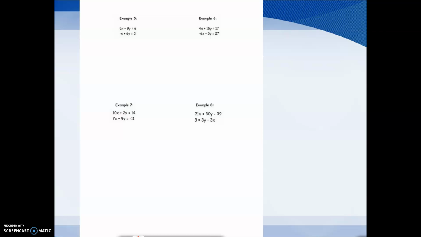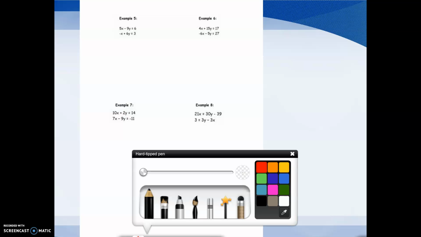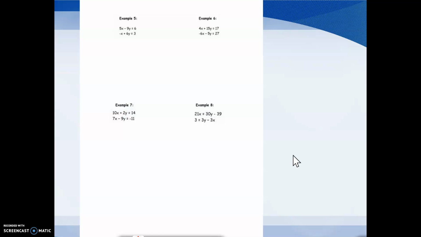You'll notice on example 5, remember the coefficients have to be lined up, the x's and the y's, and they have to be opposite. Well, we don't really have opposites, but we can easily make this opposite if we take the bottom one and multiply that by 5, okay?